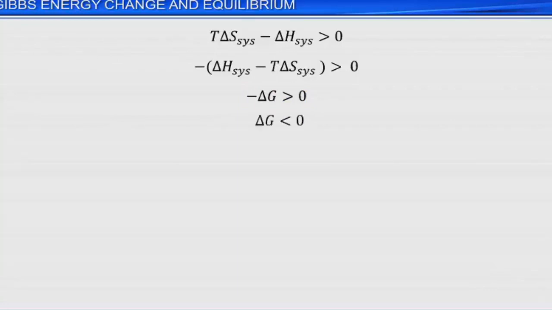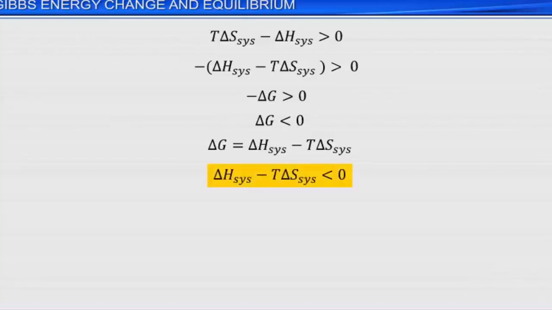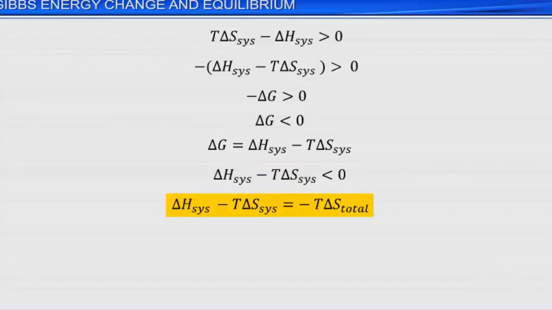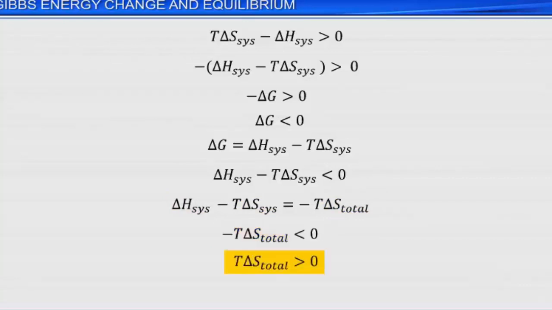But delta H system minus T delta S system is equal to minus T delta S total, which means that minus T delta S total is less than 0. This means that T delta S total is greater than 0. But when the value of delta S total is greater than 0, it indicates a spontaneous process. This means that change in Gibbs energy less than 0 indicates spontaneous process.